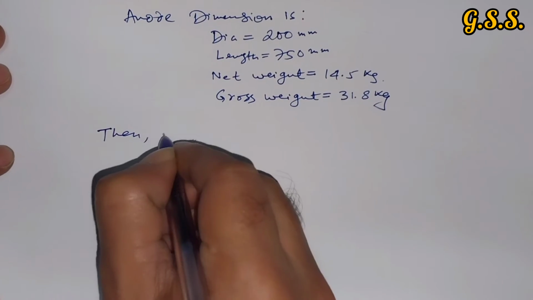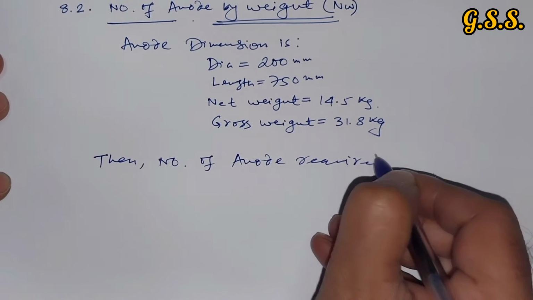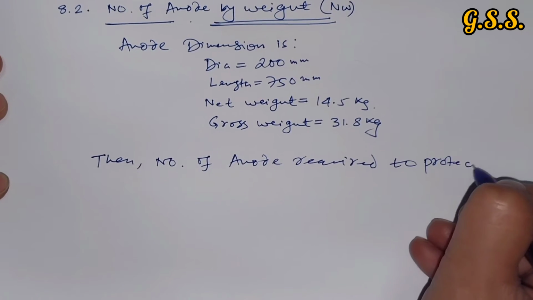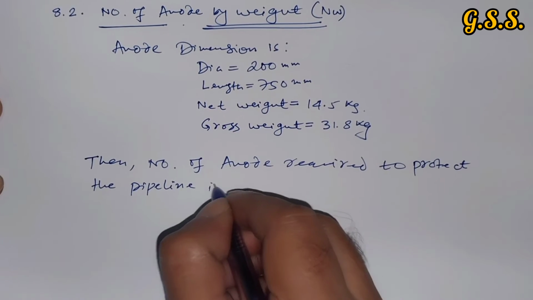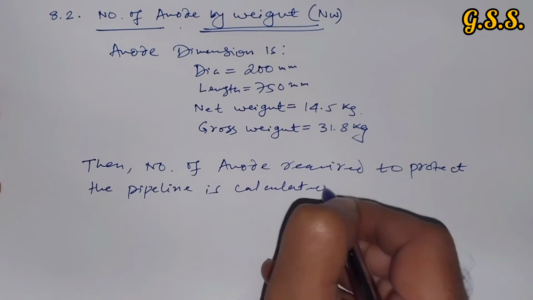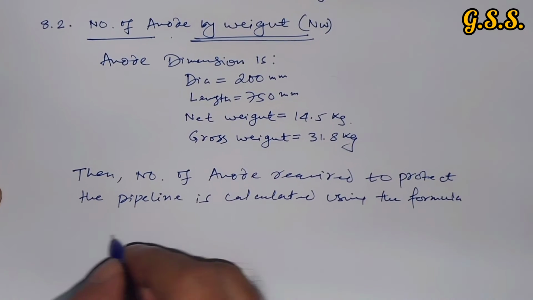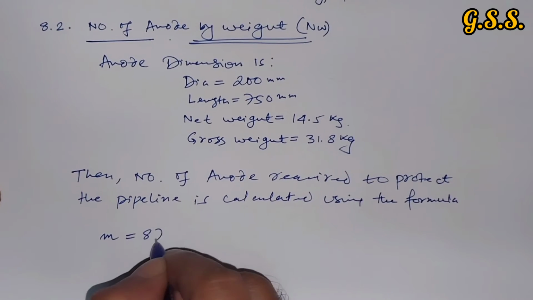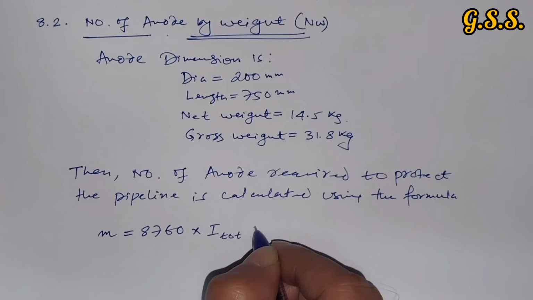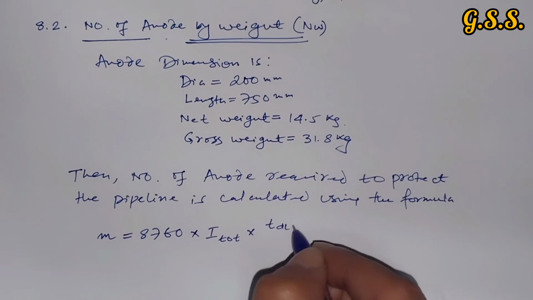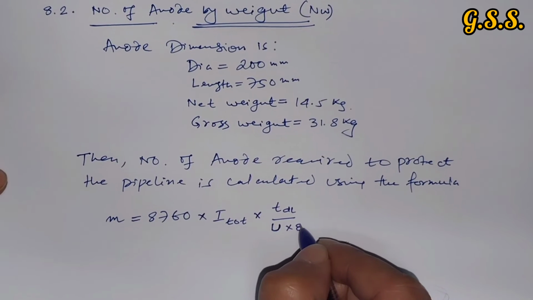Then the number of anodes required to protect the pipeline is calculated using the formula M equals 8760 into I total into TDL by U into epsilon.